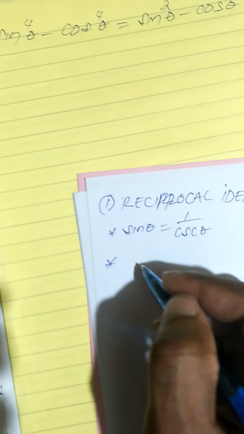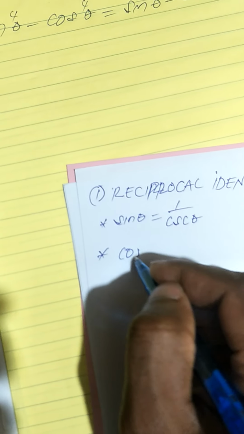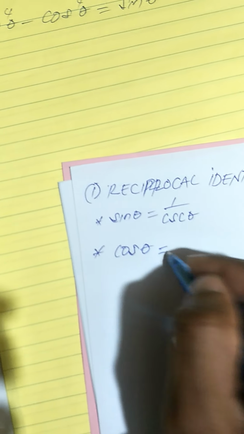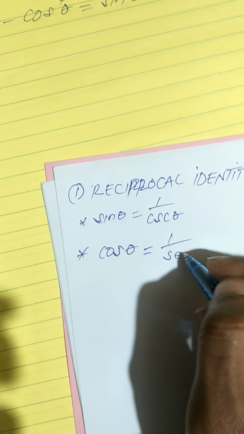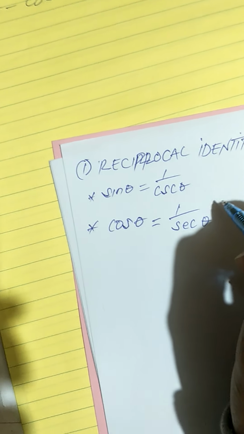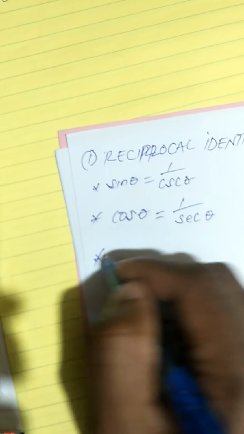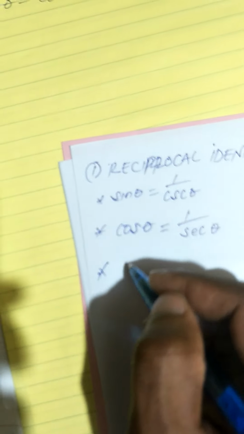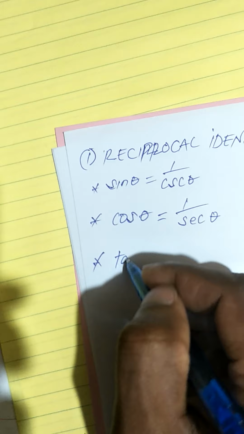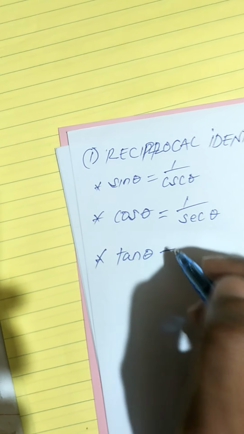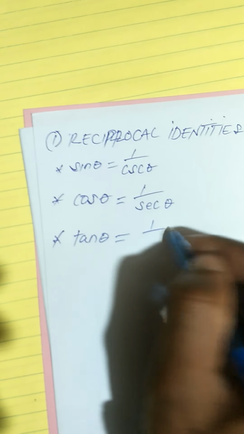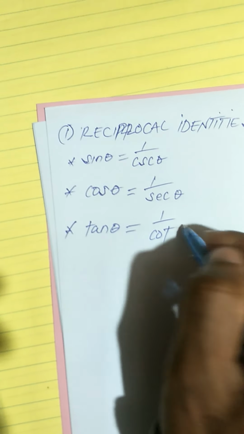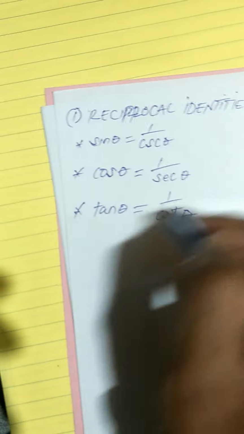2. Cosine theta is equal to 1 all over secant theta. 3. Tangent theta is equal to 1 all over cot theta. 4.